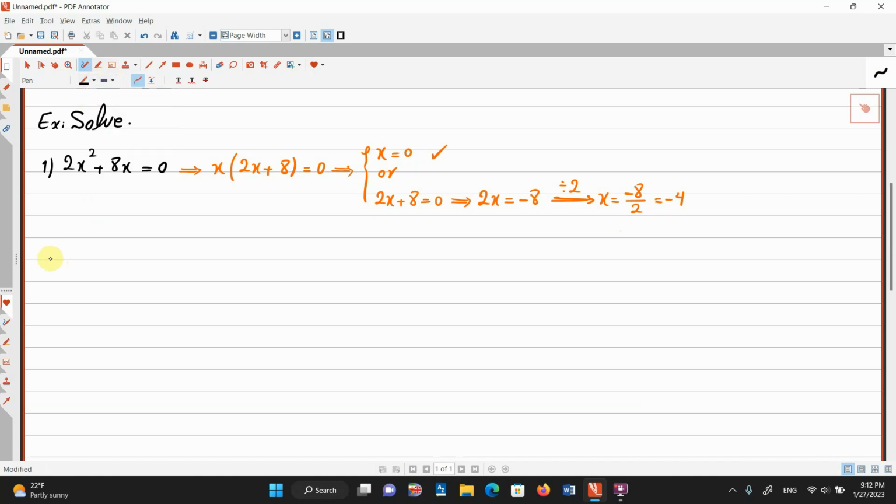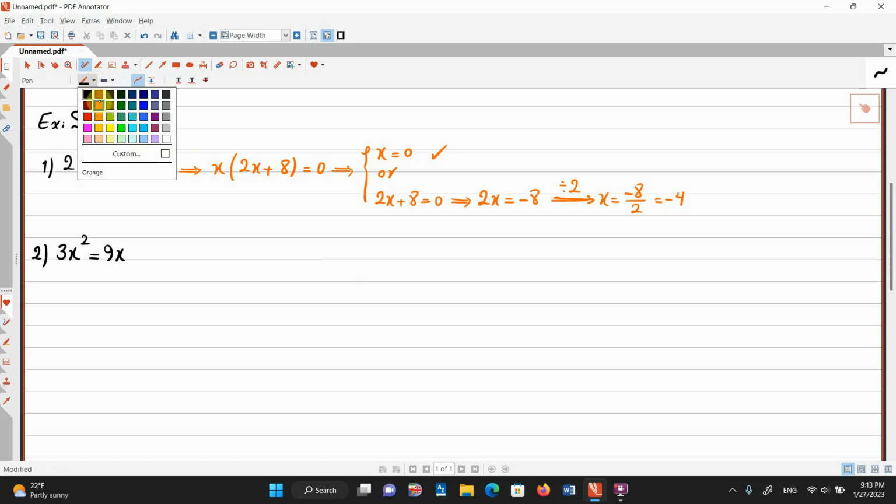As the second equation, I'm going to write this equation. 3x squared equals 9x. Guys, as you see here, we have encountered a quadratic equation which is not in standard form. If you want to solve an equation using the factoring method, first of all, you should turn the equation to the standard form.